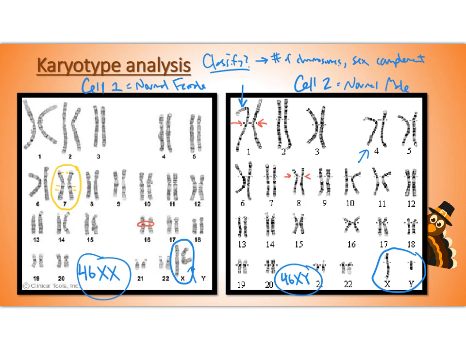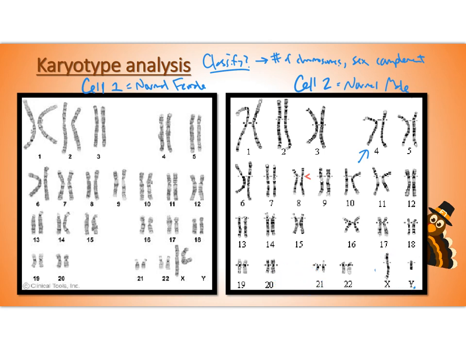Now I'm going to get rid of some of my writing here, and we're going to have a couple other possibilities. I'm going to draw a little extra on these and see if we can figure out what's what. So for the first one, let's say you look at this karyotype and you notice that you've got something like this going on.